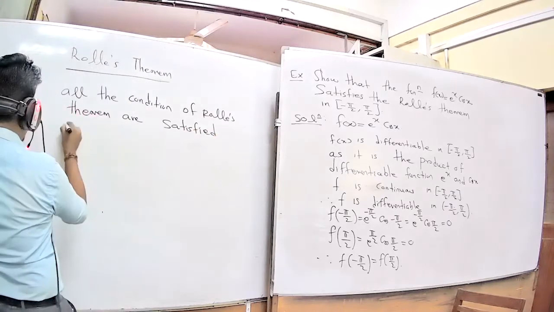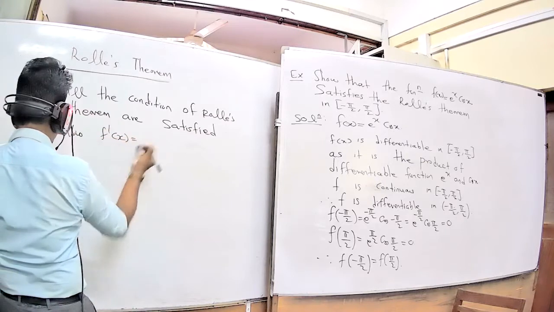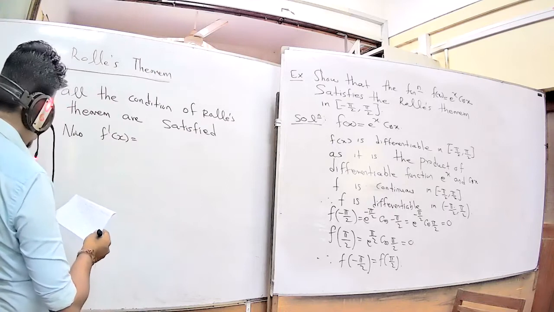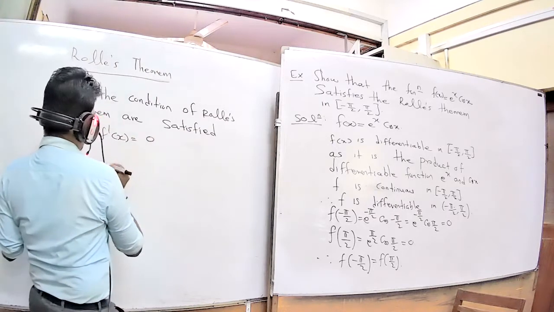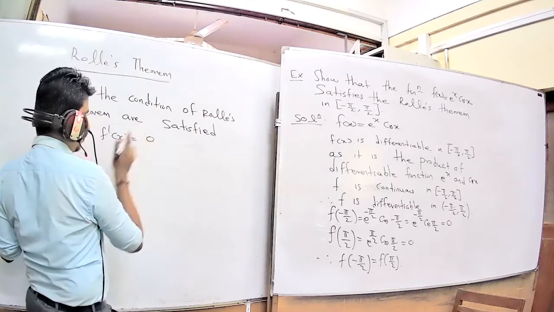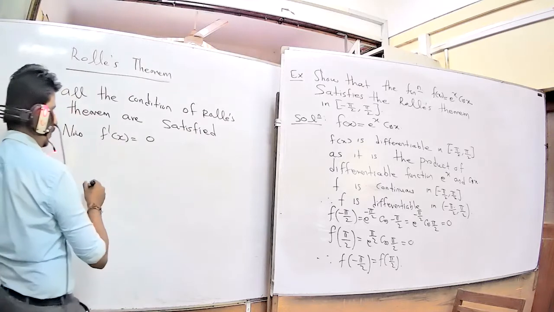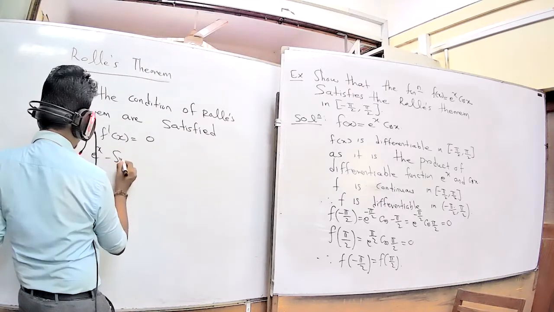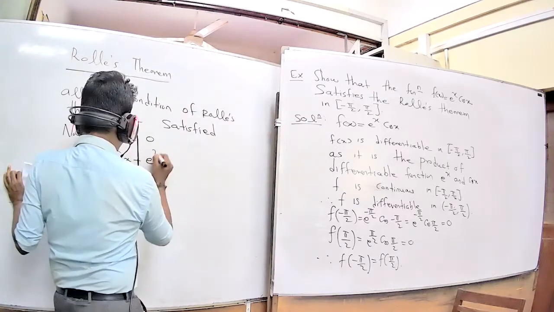Now f dash of x equals 0. What is f dash of x? You take the derivative of the function e power x cos x: e power x times minus sin x, plus e power x again times cos x.